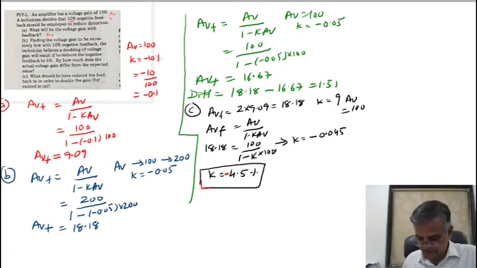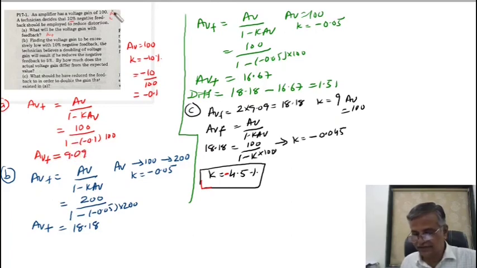I think you understand. It's a very good numerical. Suppose you are an engineer designing one amplifier whose gain is 100. Now to reduce the distortion, you apply the 10% negative feedback. Then what will be the gain after feedback? This much. Now you find this is too low. So what do you think?